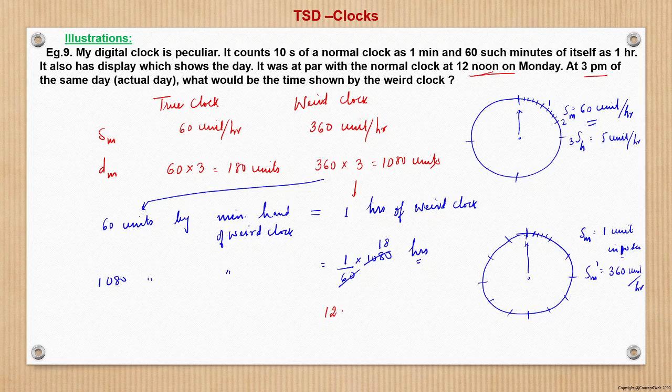So it will show 12 midnight after 12 hours, and plus 6 hours means it is 6 a.m. Tuesday.